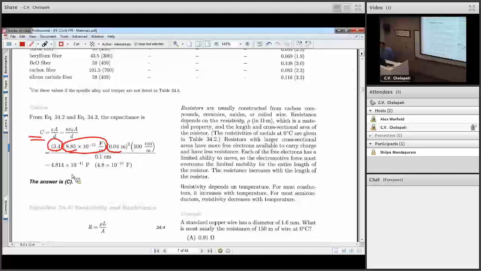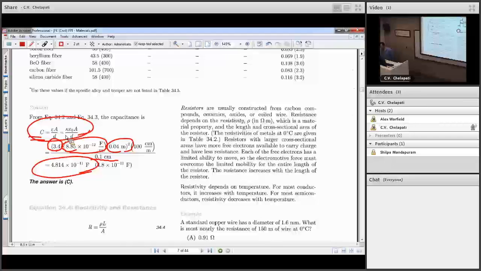As a result, the permittivity is equal to 3.4 multiplied by the permittivity in vacuum, which is 8.85 × 10⁻¹² farads per meter. The unit is farads per meter.